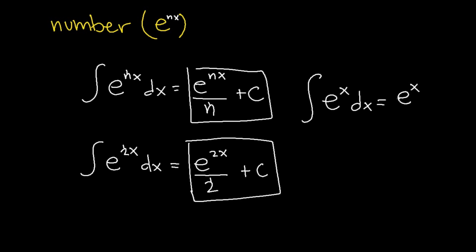So imong final answer is over 1, dili na nimo kailangan ibutang. So e to the x lang gyapon plus c. So ang antiderivative of e raised to the power of x is just pareha gyapon e to the x plus c lang.